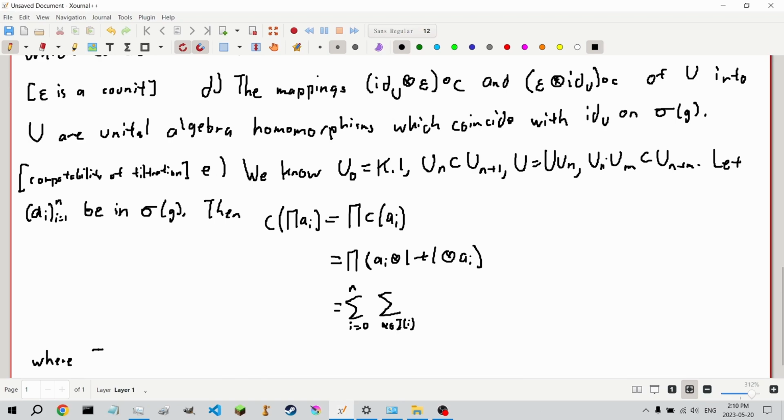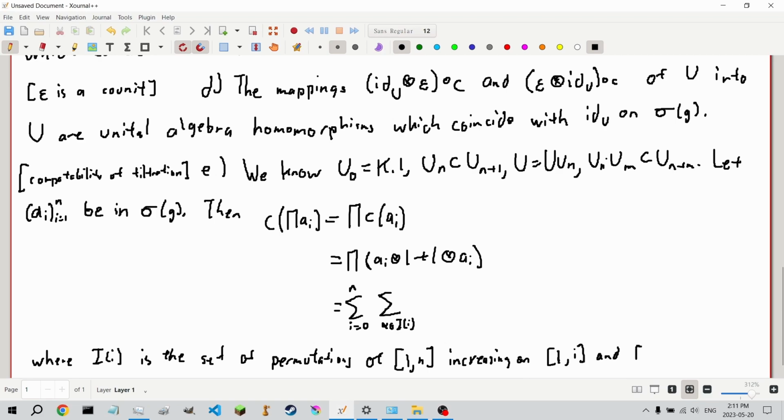where I of i is the set of permutations of 1 through n which are increasing on both 1 through i and i plus 1 through n, just once again to make sure that it's unique up to the order of the elements on those sections.